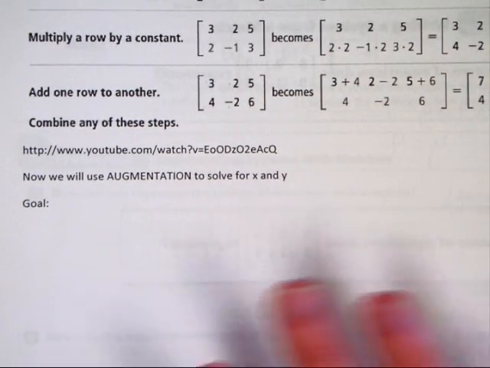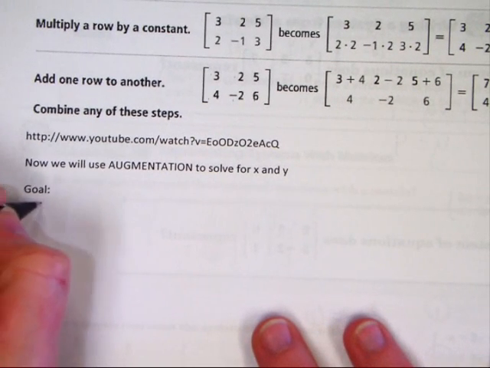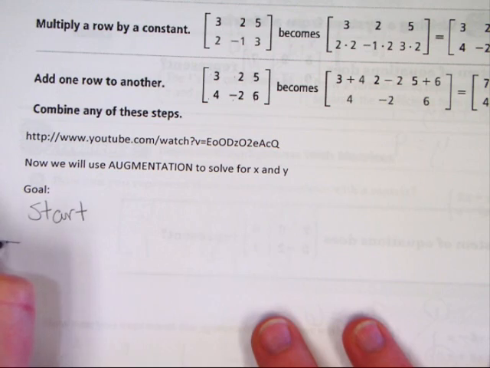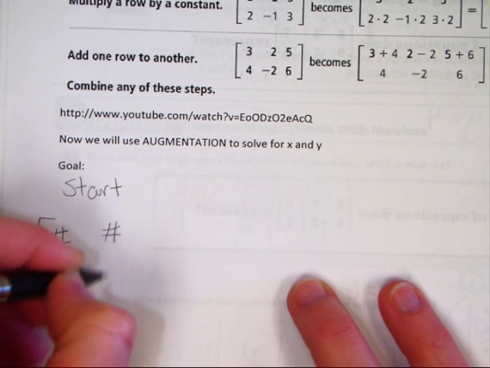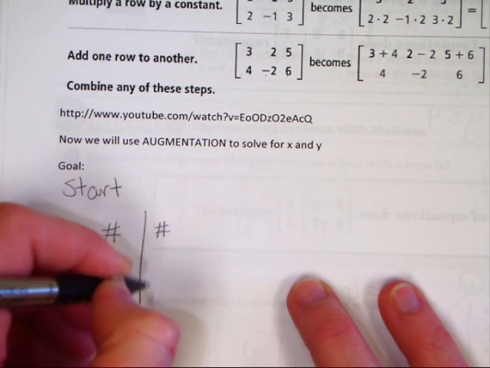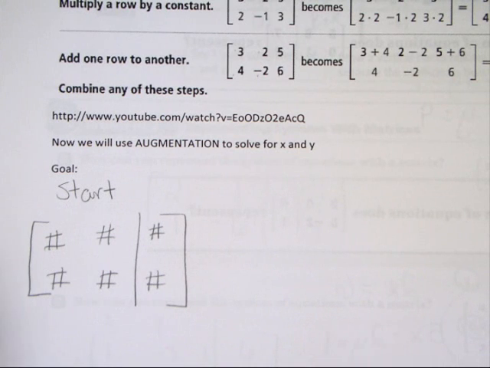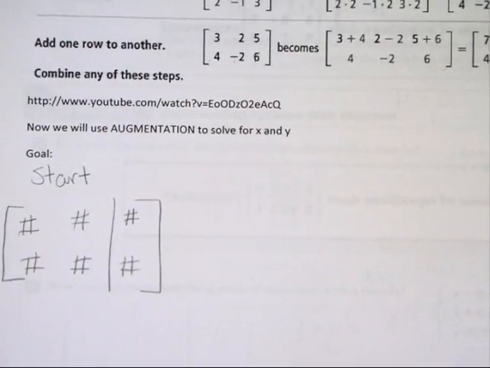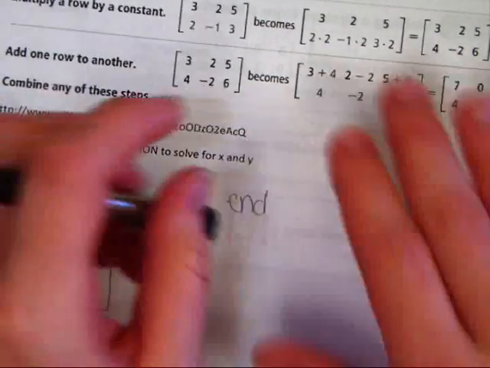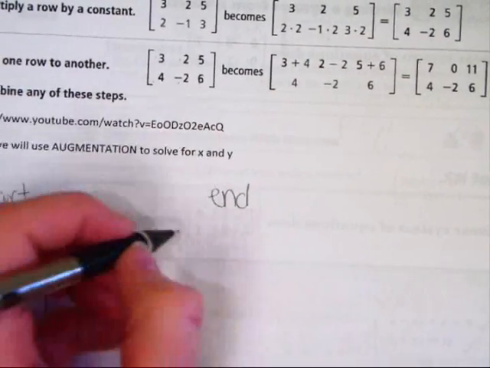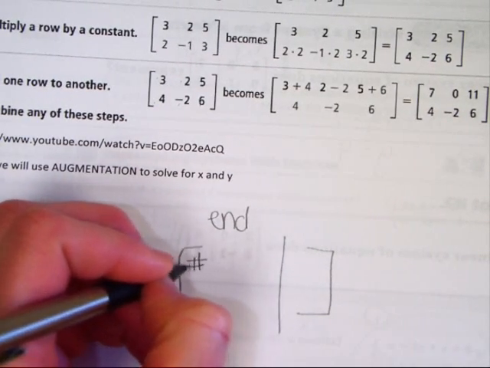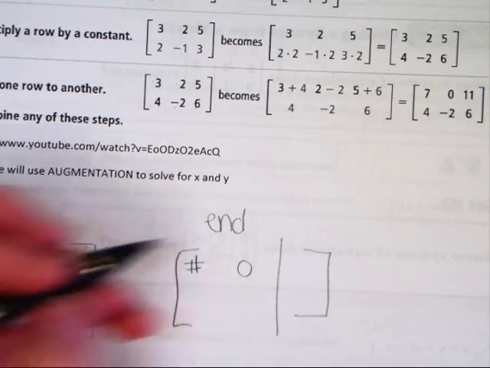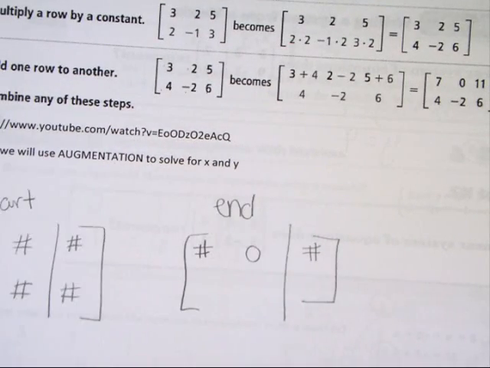Our goal is going to be, are you ready? Our goal is that we are going to start with a matrix that has numbers all over it. Those numbers could be any numbers at all. At the end, maybe kind of in the middle, we want our matrix to have a number at the top left, and then a 0, and then a number.